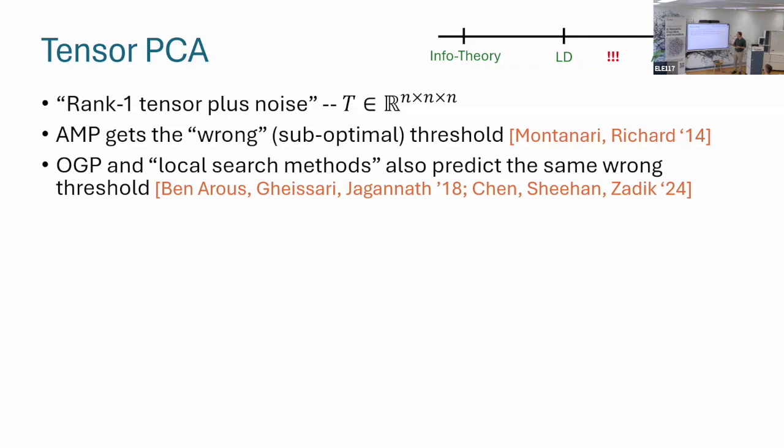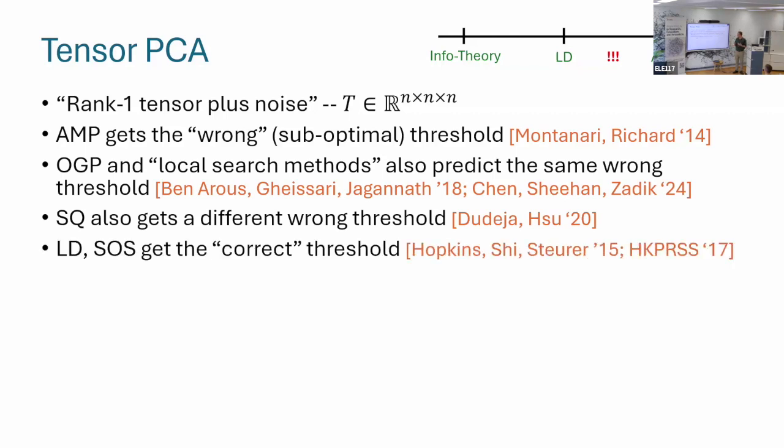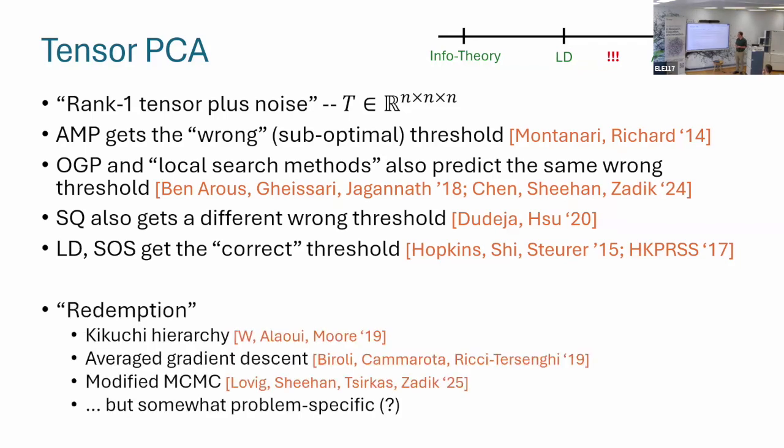Similarly, the overlap gap property and other local search methods predict that same wrong threshold. And the statistical query model predicts a different wrong threshold. But low degree polynomials and sum of squares get the correct threshold, meaning that it coincides with the best algorithms that we know, while these other types of methods are suboptimal. So that's a surprising and concerning thing.